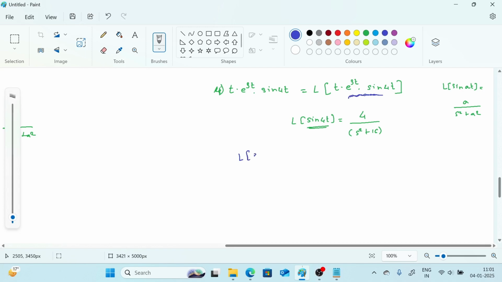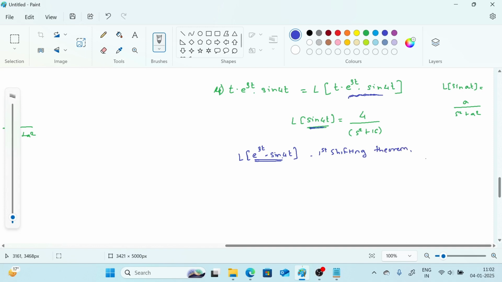Laplace of e raised to 3t into sine 4t. We knew the value for sine 4t. Now here we have e raised to 3t into sine 4t, so you can remember this will fall under the first shifting theorem.